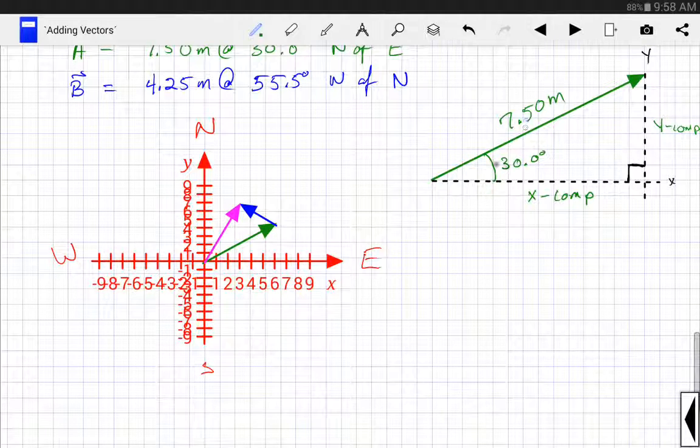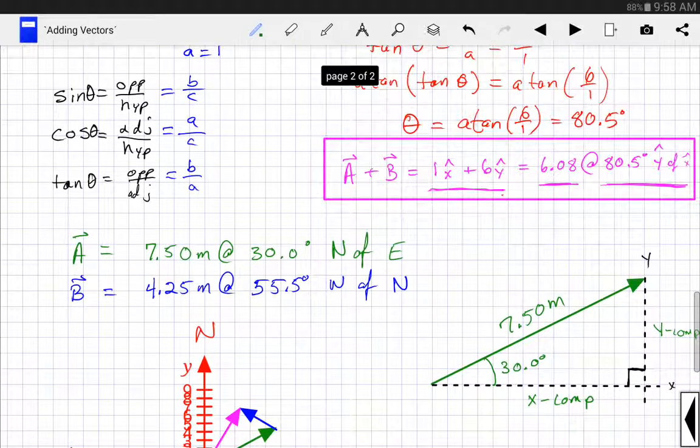Now, I know the hypotenuse, I know the angle, I want to find the adjacent. I have to look at my trigonometric functions and say which one is going to relate the adjacent side and hypotenuse. Well, clearly, cosine theta has adjacent over hypotenuse. By the way, you don't have to memorize these. I will give them to you on every test, but it sure saves time to remember. When I was in high school, my teacher had us memorize sine theta is equal to opposite over hypotenuse, cosine theta is adjacent over hypotenuse, and tangent theta is opposite over adjacent.